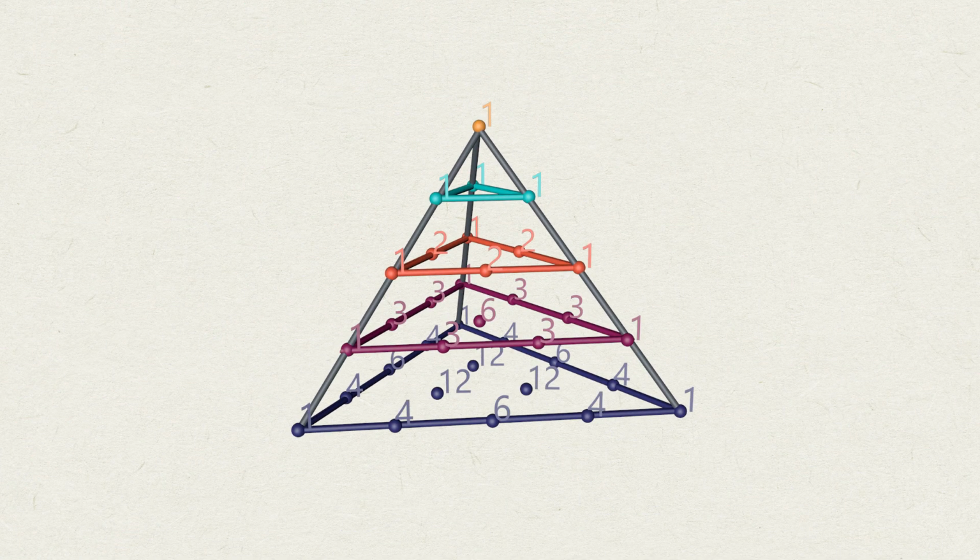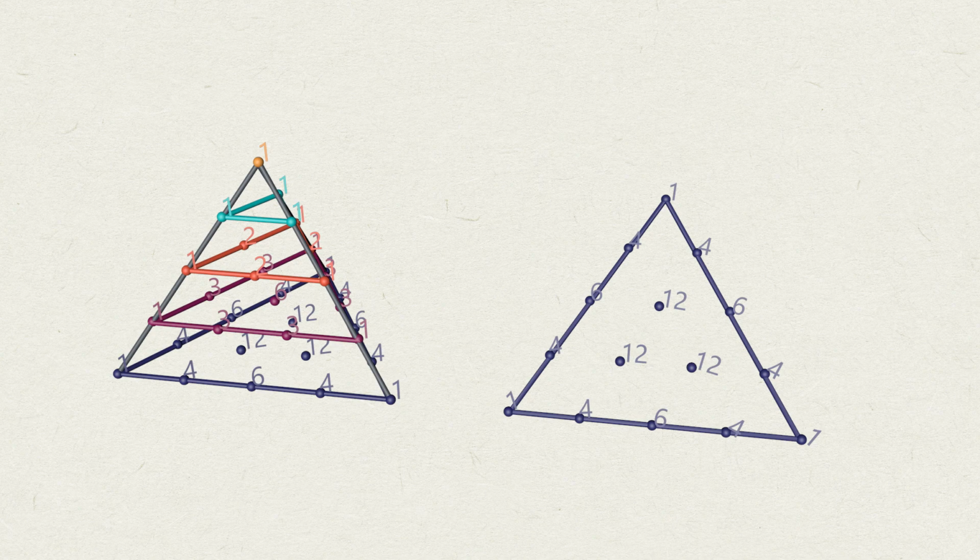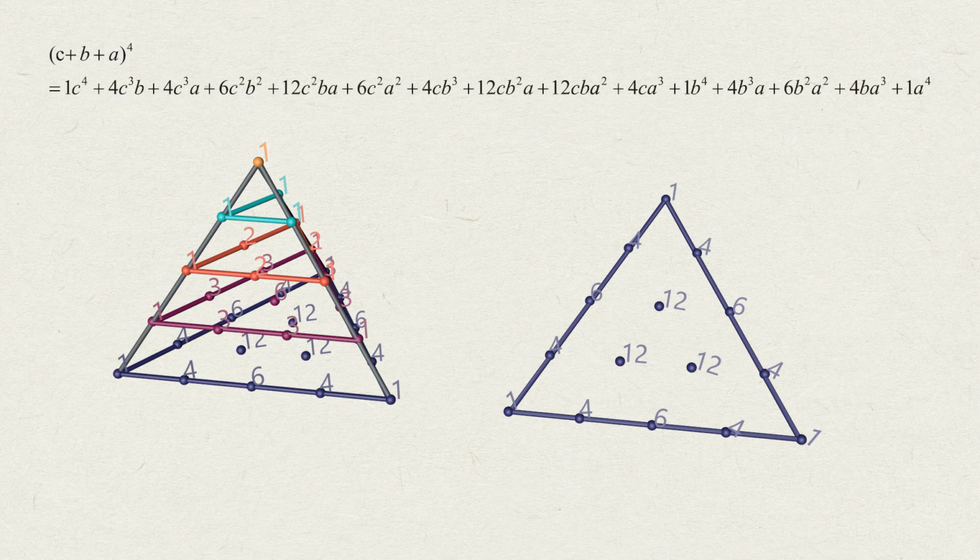Now let's take a closer look at a couple of these individual levels of the tetrahedron. Let's pull out level 4 and look at all the numbers making up the 2-dimensional space represented by this entire triangle. All the values in this triangle are the coefficients we need to expand c plus b plus a to the 4th power. In fact, these values in the triangle correspond to the coefficients in the terms we see here.